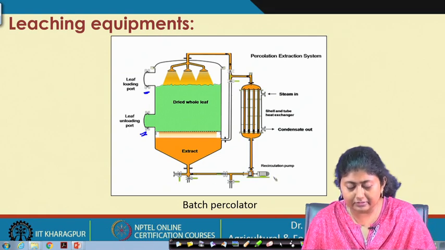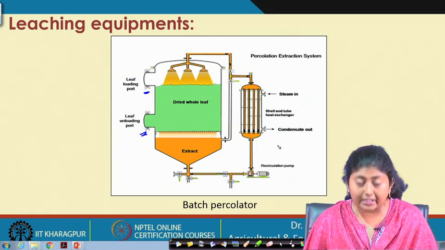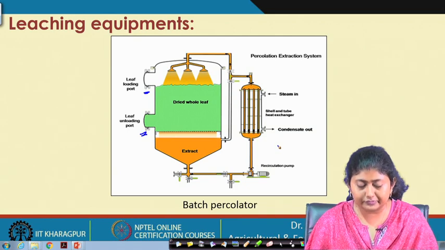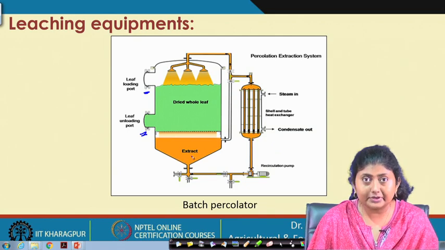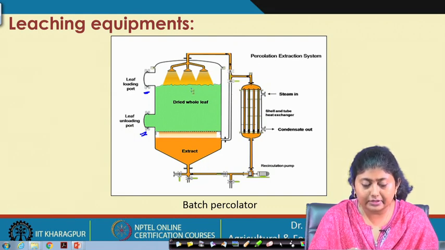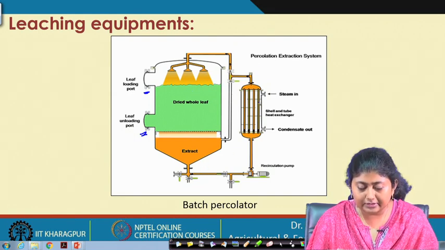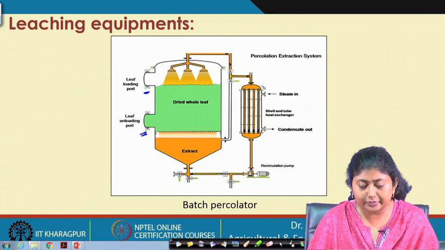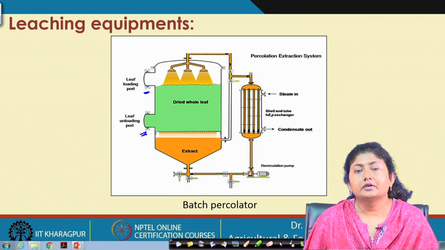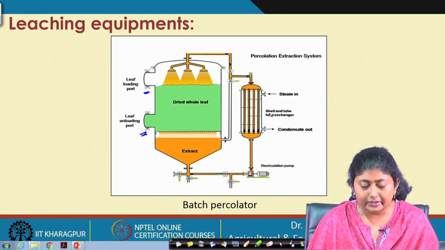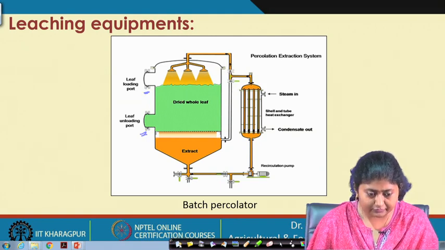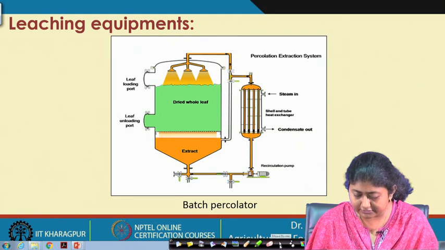It may be recirculated sometimes as required, because if we feel that with one pass all the solute extraction has not been completed, it may be rerun, and in that process we may need to increase the temperature also, by a heat exchanger utilizing steam, because we know that if the viscosity decreases or the temperature of the solvent increases, it can extract more, right. So, this is the mechanism of the batch percolator.